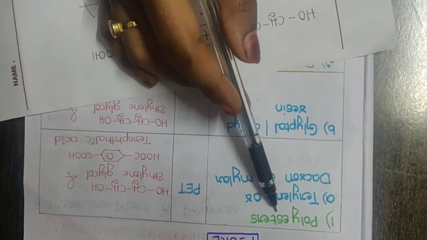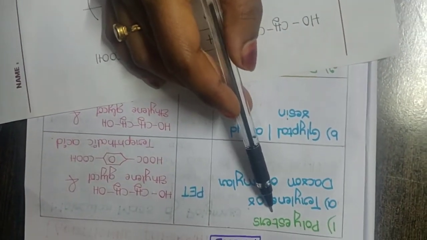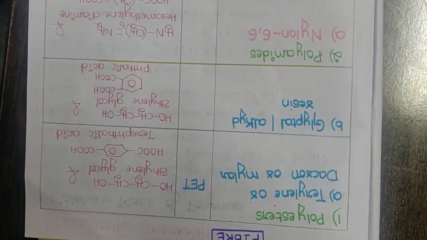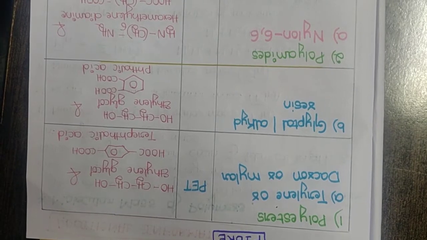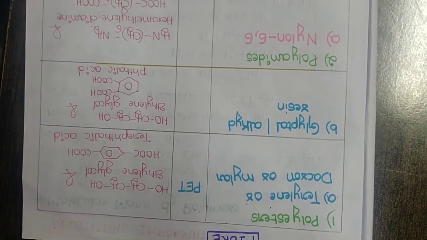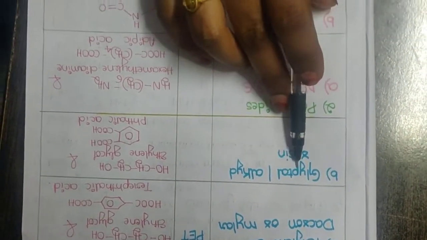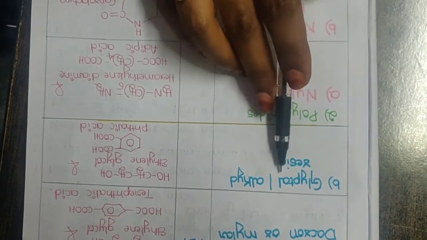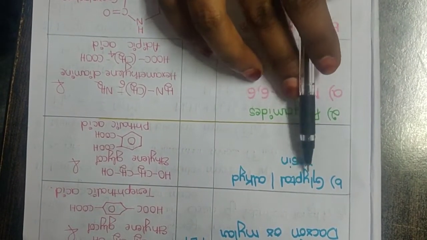Got my point? So why we are studying terylene under polyesters is because we end up with an ester as a functional group. Here partial structures are not needed. You just have to know what are the monomers present in them. So the next one is glyptal. This is not there in your NCERT, so you have to concentrate on this.